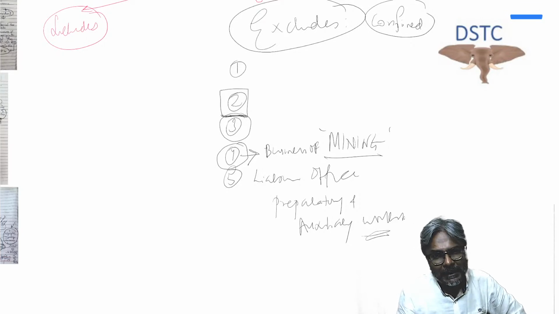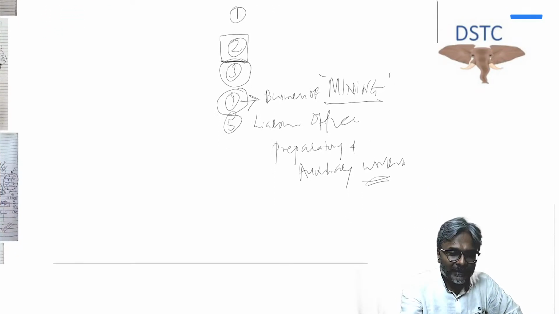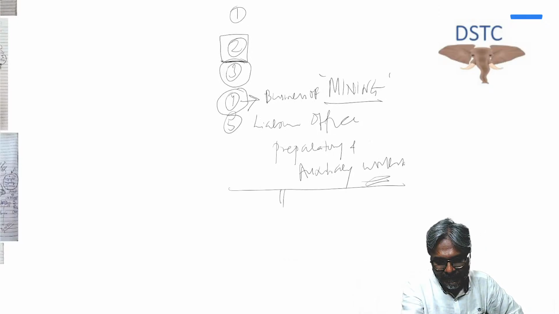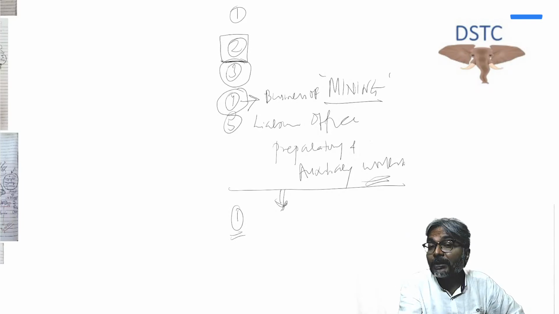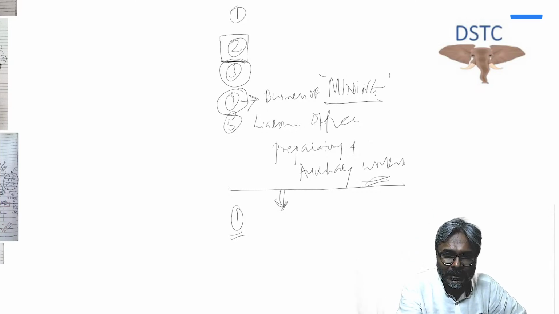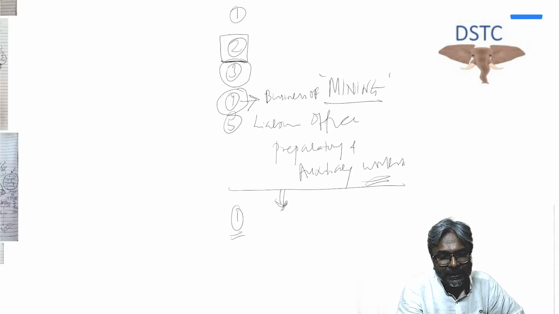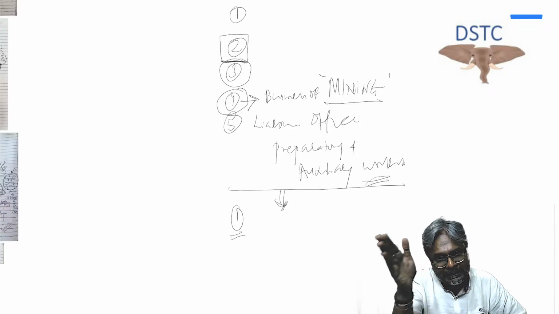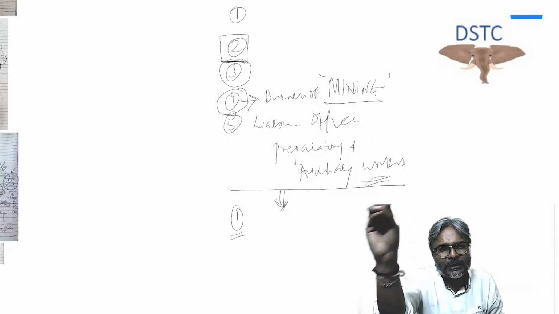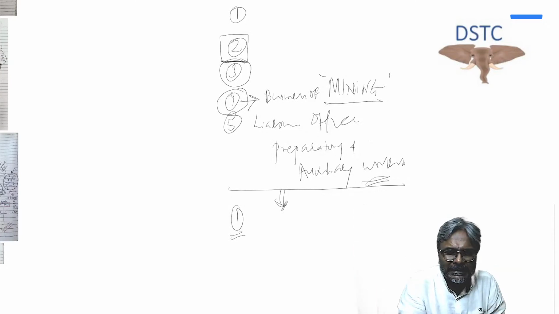Now I'll tell you what they were engaged in: point number 1, contacting the buyer in India, negotiating the terms of agreement with the buyers, and placing the orders to the non-resident. So if this is what the license office did, preparatory and auxiliary means small activities, like call centers.